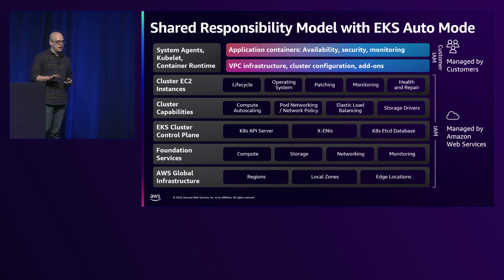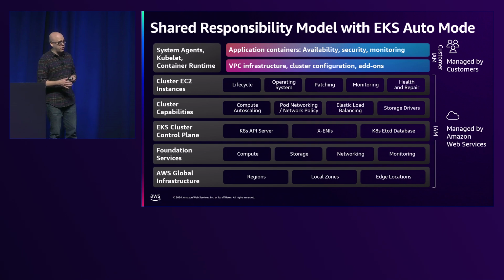So this, as George shared earlier, we have a shared responsibility model. And with EKS Auto Mode, this changes a little bit. In the previous example, if you're using EKS managed node groups, there's more of the responsibility that's on you. In this model, all that's on you is really maintaining the security of your containers and your VPC infrastructure and any add-ons that you install on top.